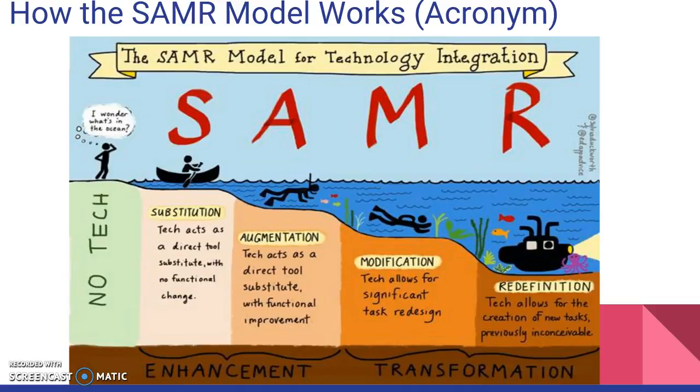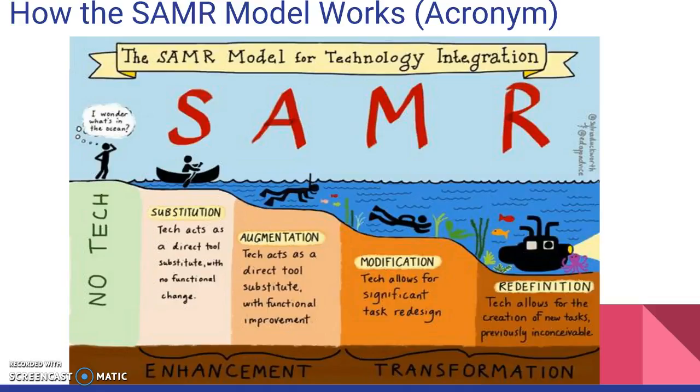Beginning with S, substitution: technology acts as a direct tool substitute with no functional change, meaning you're really just substituting something that you would do without technology with technology. Augmentation, again in the very first two steps, just enhancing: technology acts as a direct tool substitute with functional improvement.